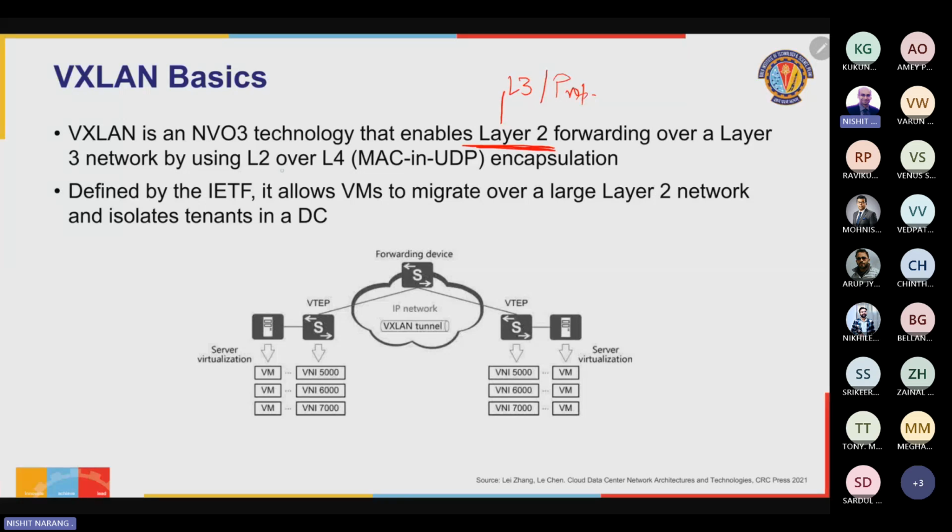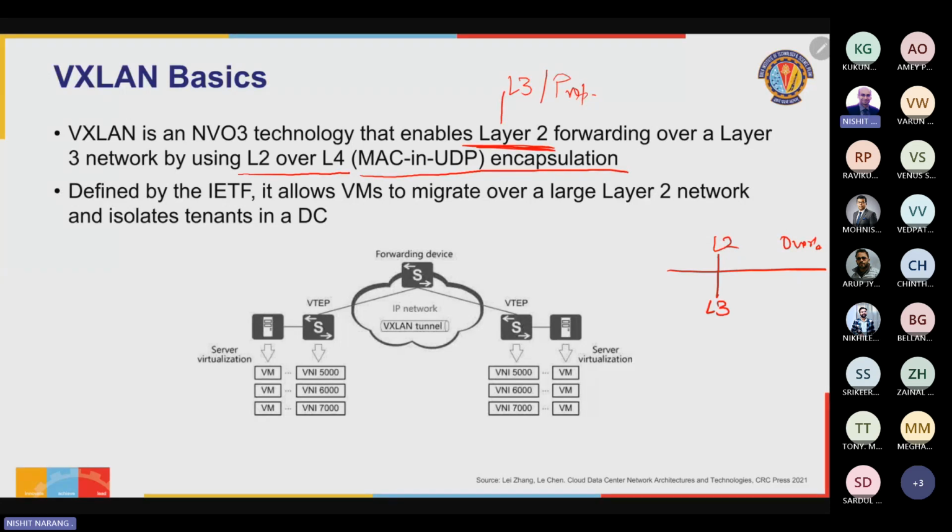It's actually called L2 over L4, or sometimes also called MAC in UDP encapsulation. Okay, so it's not that I'm taking the L2 frame of the overlay servers, this is overlay, and directly encapsulating it into an L3 IP packet.